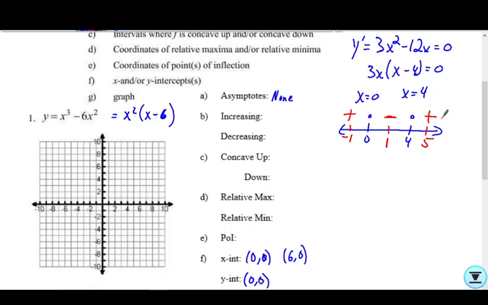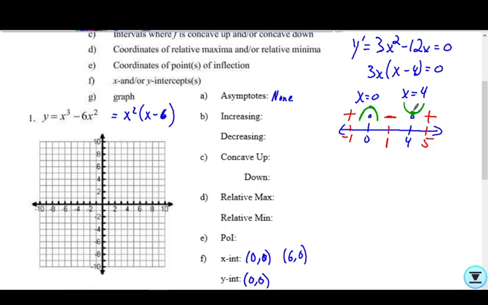So these are the intervals where my function is increasing or decreasing. On this side of 0, my function is increasing. Afterwards, it is decreasing to the 4, and on the other side, it is increasing.